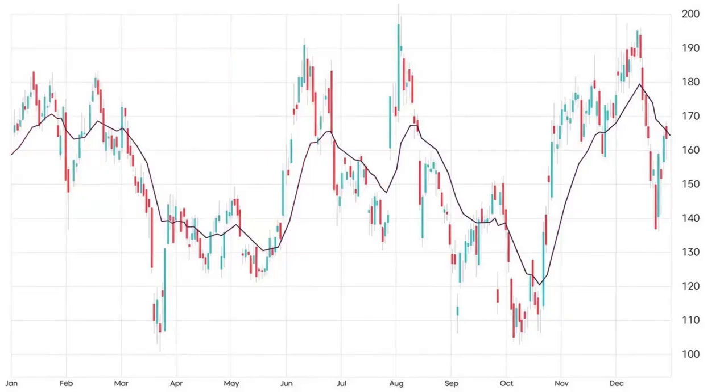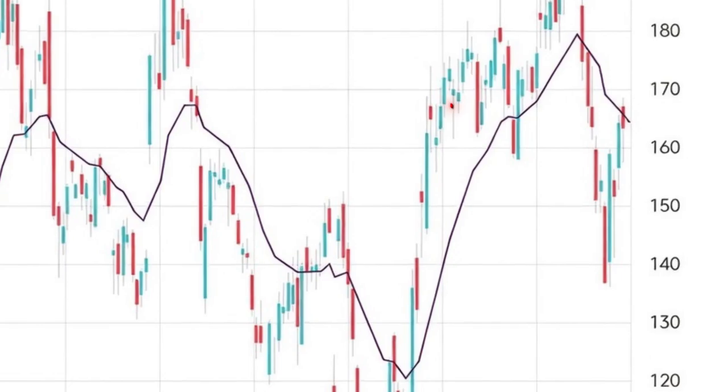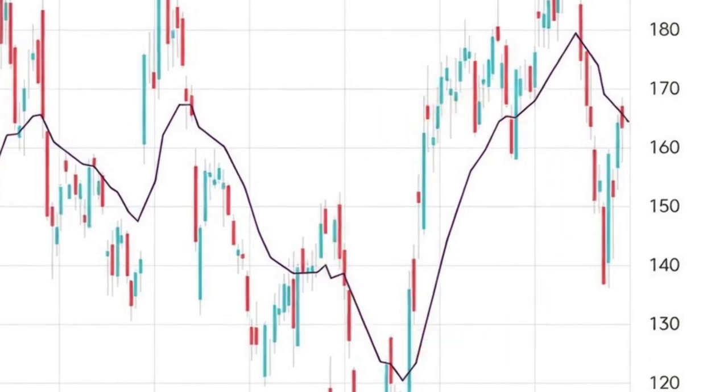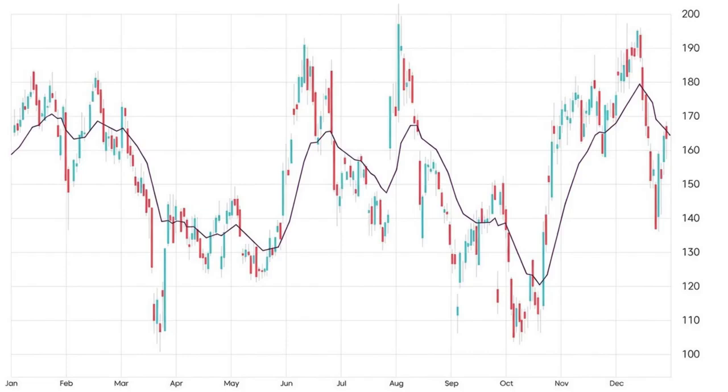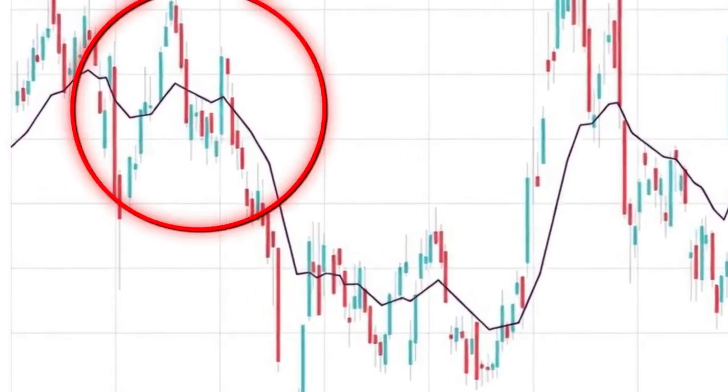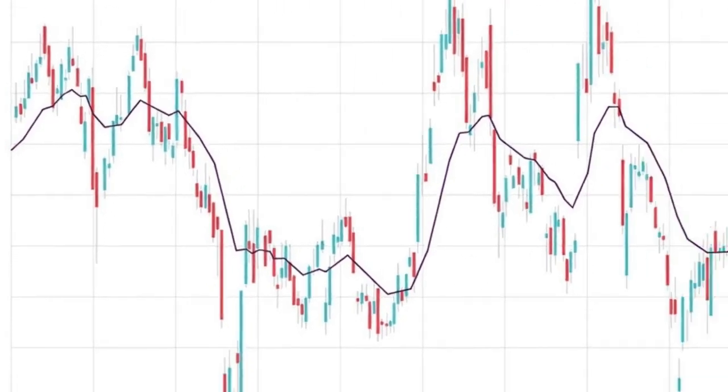The moment of crossover is also important. When the price rises and crosses the EMA from below upwards, it can be a sign that an uptrend is beginning. And if the price, on the contrary, falls and crosses the line from above downwards, then there is a risk of decline.